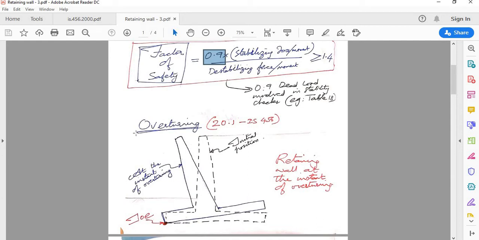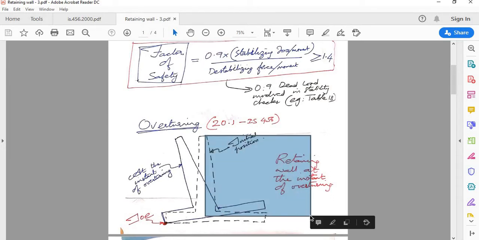Try to imagine this: you have a retaining wall. On one side you have soil with a higher level, and another side you have soil at the ground level. What's really trying to overturn this retaining wall is nothing but the soil which is here, right?